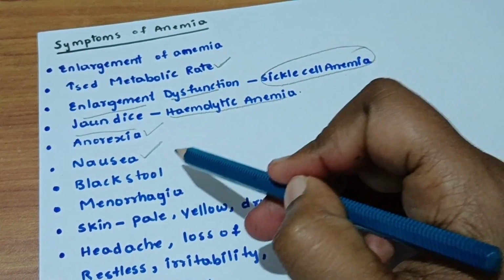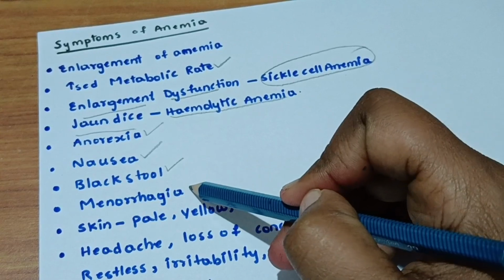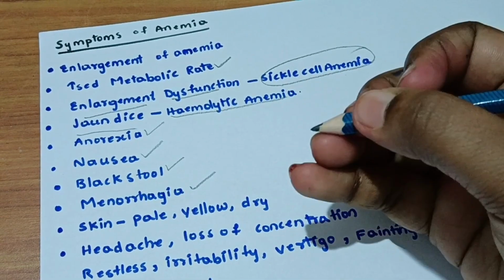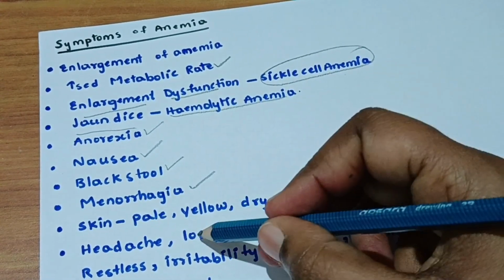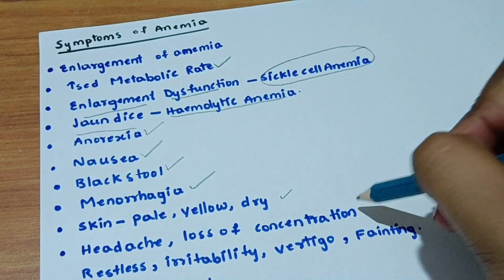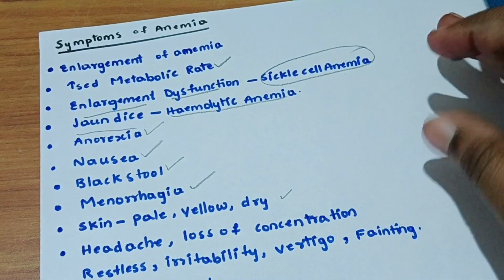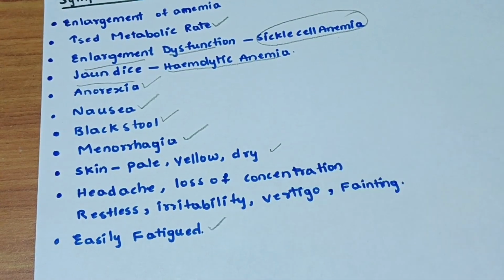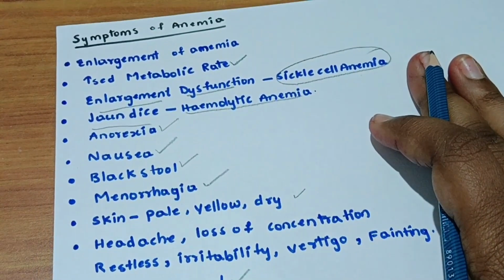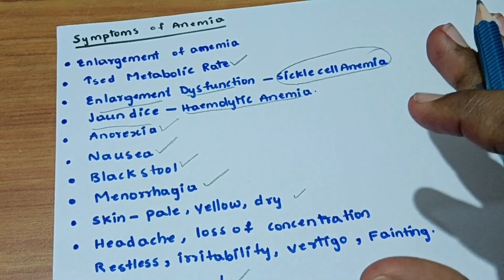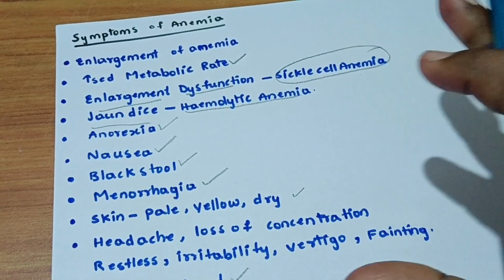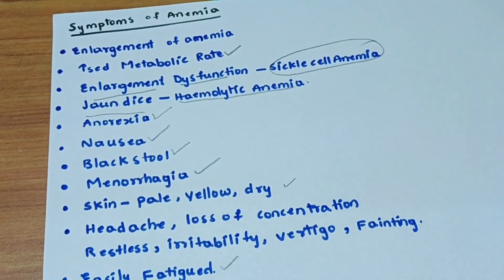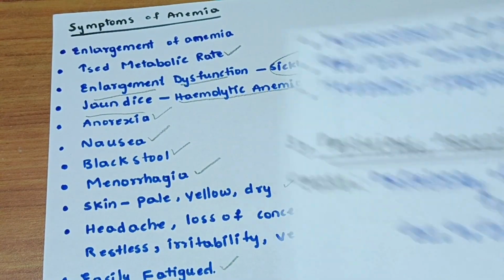Anorexia, nausea, black stool, menorrhagia, skin becoming pale, yellow, dry, headache, loss of concentration, restlessness, irritability, vertigo, fainting, easily fatigued. These are the general symptoms of all types of anemia. This is the complete discussion of anemia.